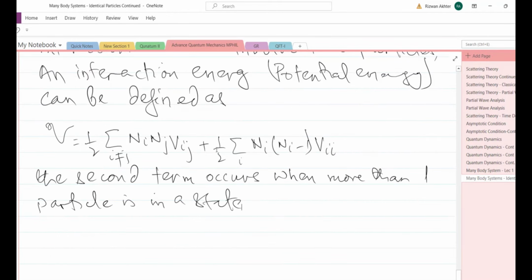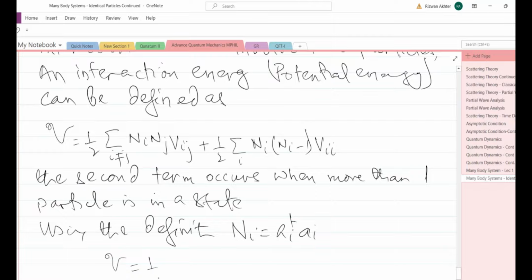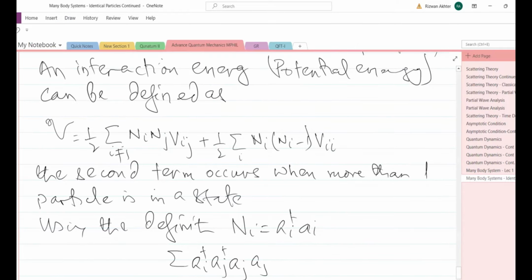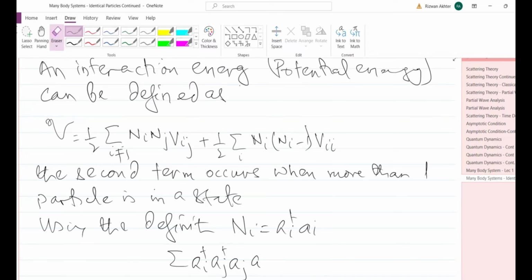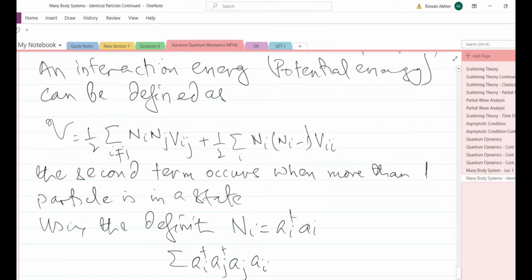Now, again, we are talking about fermions, then using the definition of a number operator, Ni, which is equal to Ai dagger Ai, then in our equation, the interaction potential energy would become the first term only: summation over i, j, Ai dagger Aj dagger Aj Ai Vij, for bosons or fermions.